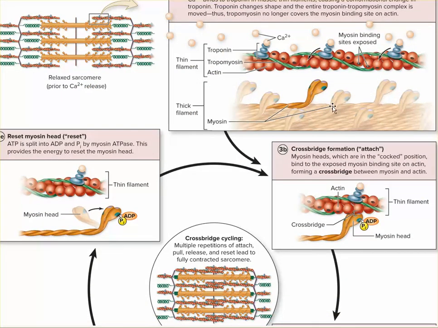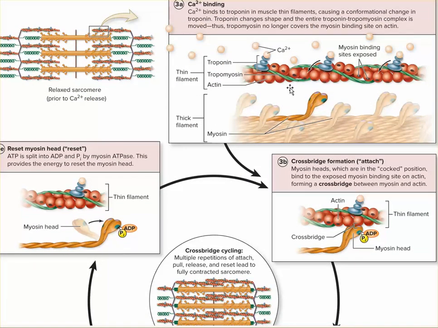So this is what we have. The troponin here has bound to the calcium and pulled the tropomyosin out of the way, exposing the binding sites on the actin. The binding site here on the myosin head is lined up with the binding site there on the actin, and so this happens.